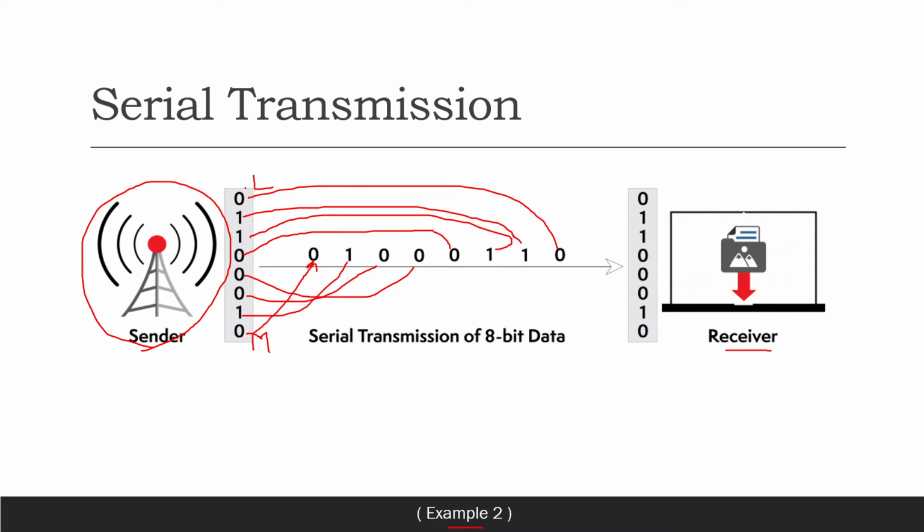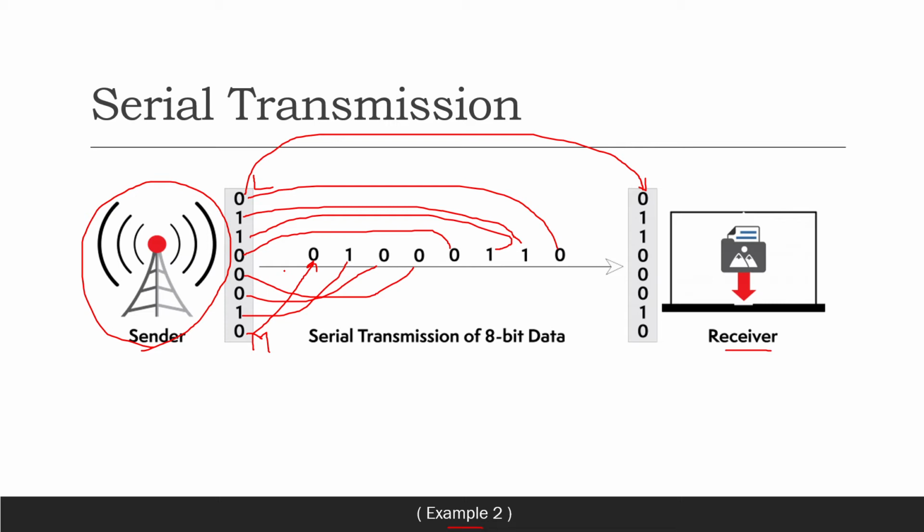So this way our transmitter is transmitting information using the wire. Here one thing is very important, that our transmitter is transmitting all the information using only one wire and not multiple wires.